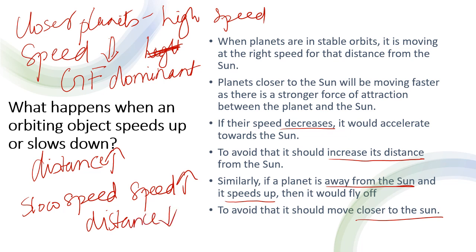This is how the planets or orbiting objects would readjust depending on what happens to their speed. If their speed decreases, their distance would increase. If their speed increases, their distance would decrease. All of this is done just to balance the gravitational force of attraction between them.